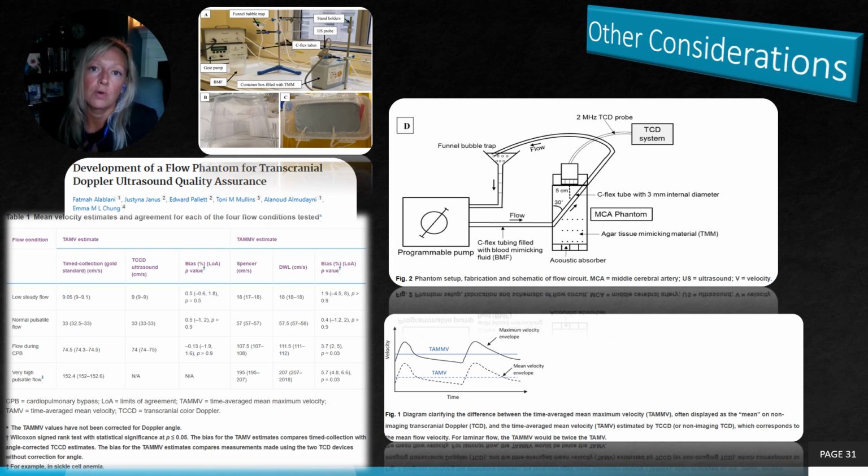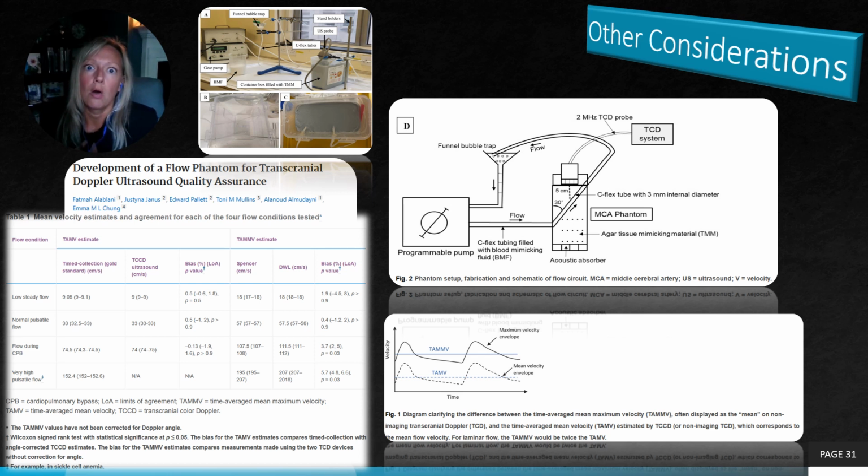In this article, which I was lucky enough to be a participant of, we analyzed the different machines to show that there are slight differences in dedicated Doppler TCD machines, even when doing exams on a Doppler phantom.